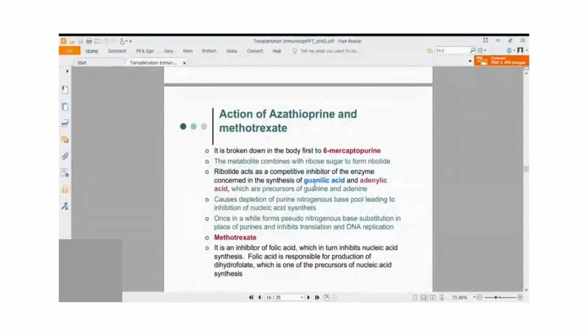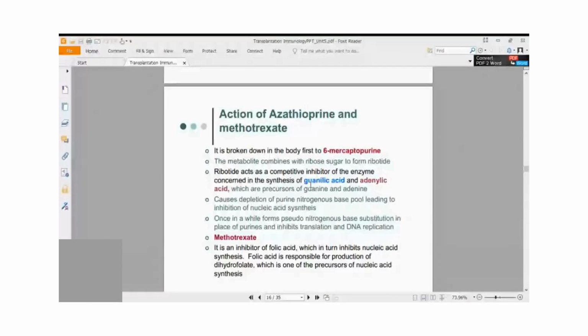The purine nitrogenous base pool will be deprived. If the pool of these two purine nitrogenous bases is deprived, the cell will have to stop replication, because these two nitrogenous bases are very essential, whether DNA replication is concerned or the transcription process is concerned.